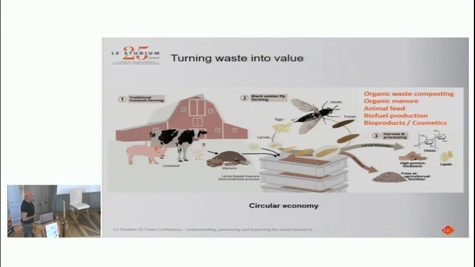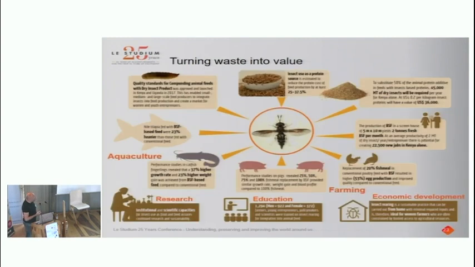They also produce different products like fatty acids and bioproducts that are very interesting for cosmetics, for example. So you can really have a circular economy with very efficient larvae that are degrading waste and producing high-quality protein food. And this food can be used in farming for pork and chicken, for example, and it can allow the development of small farming that can be conducted, for example, by women.